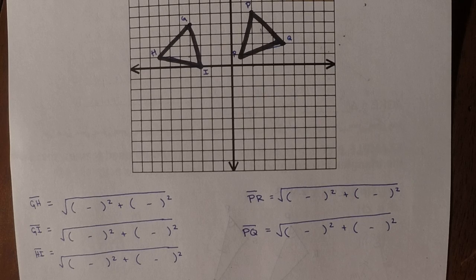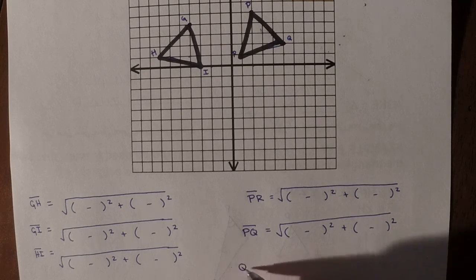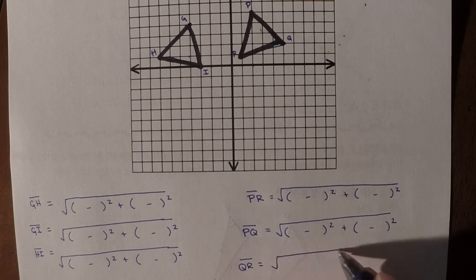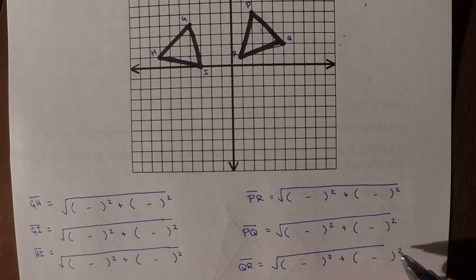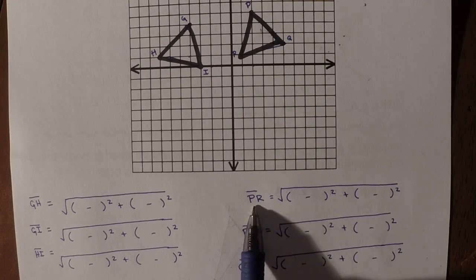And then QR. So I'm going to do one of them with you, and then you guys can set up the rest of them because you should already know how to do distance formula. So let's just do PR.